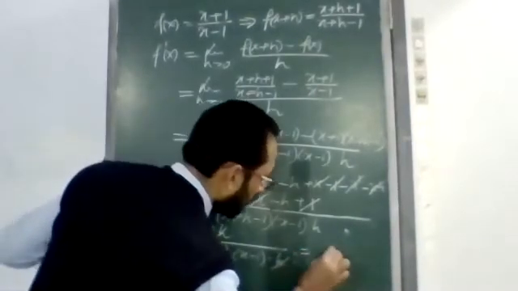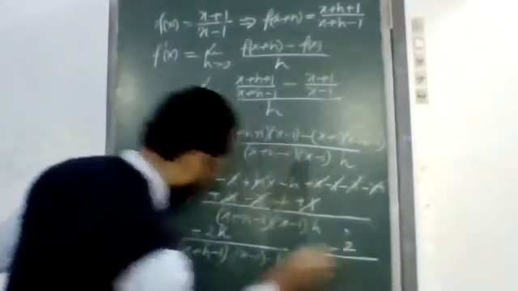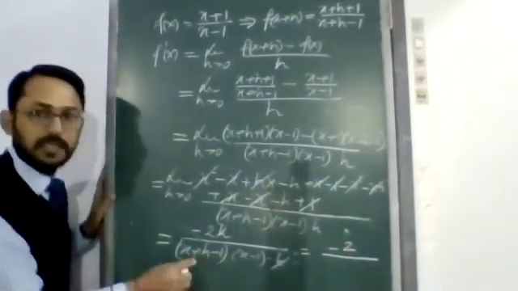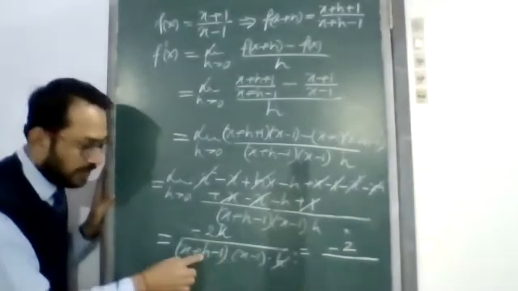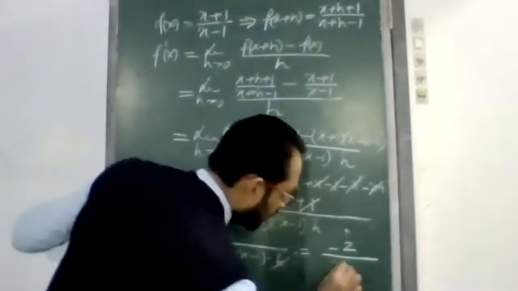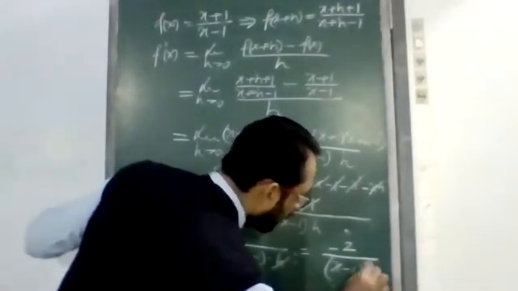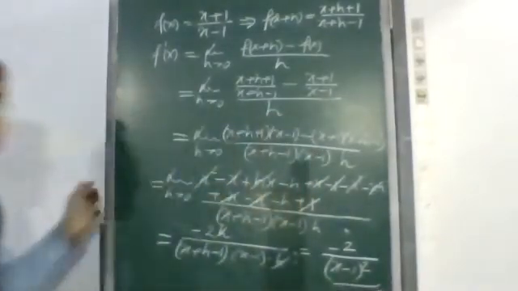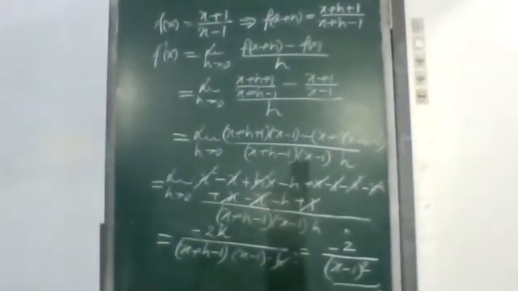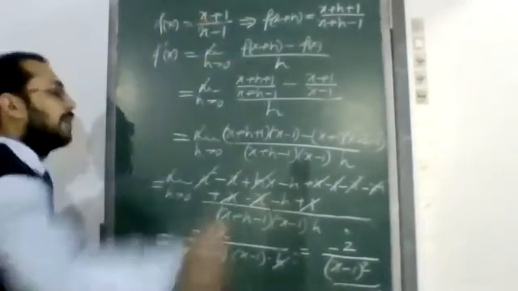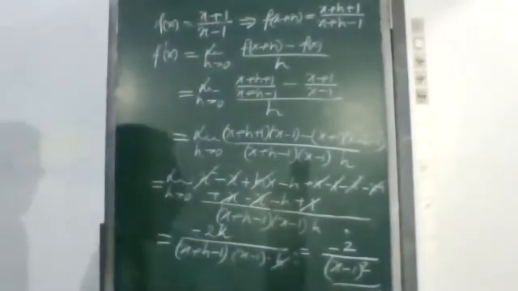Now we are going to put h as 0 and we'll get the answer as minus 2 upon (x minus 1) whole square, because x plus h minus 1 with h as 0 becomes x minus 1. So this is the derivative, using the first principle, of (x plus 1) upon (x minus 1).